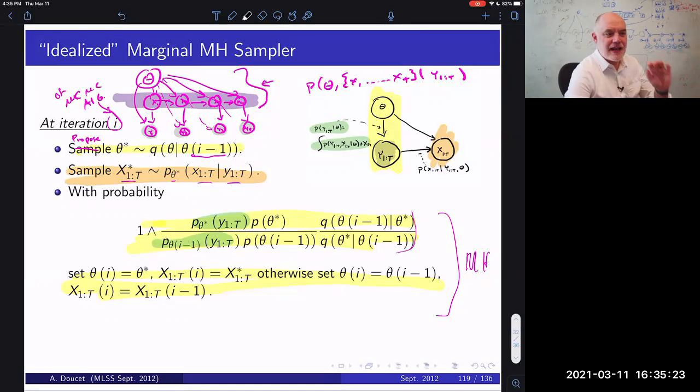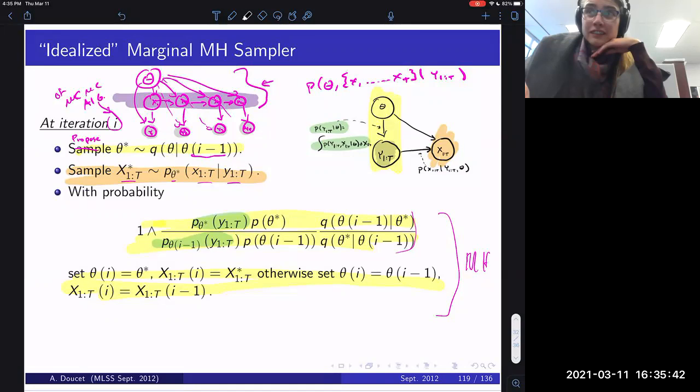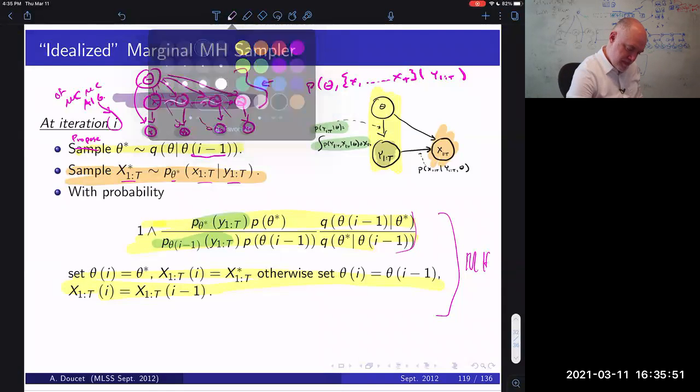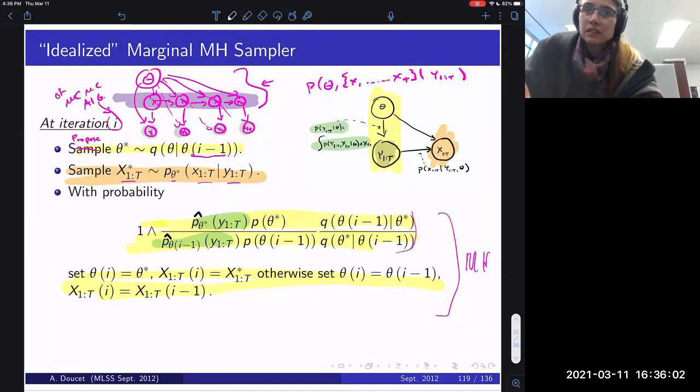But there's this other thing that everybody skips over. It seems trivial. It seems, you know, like what the hell's the point of this thing? Emma's even accused me of not actually naming it several times. The evidence. Yeah, so what are we going to do with the evidence? Approximate it? What if we did, oh man, that's not what I intended to write there. I don't remember what the hat means.